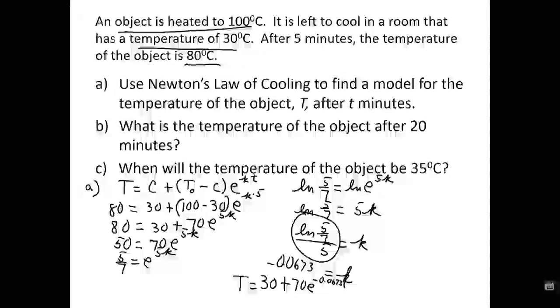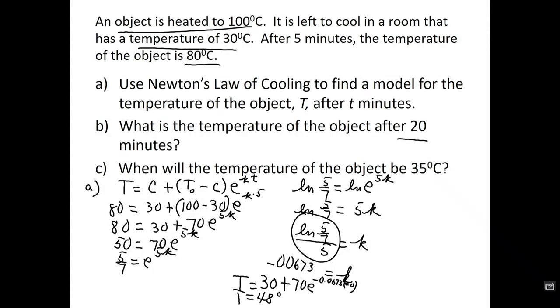What is the temperature after 20 minutes? In this case, t is going to be 20, so we're going to substitute 20 there. And if you simplify all of this, 70 times e to the minus 0.0673 times 20, you will get that T is approximately 48 degrees.